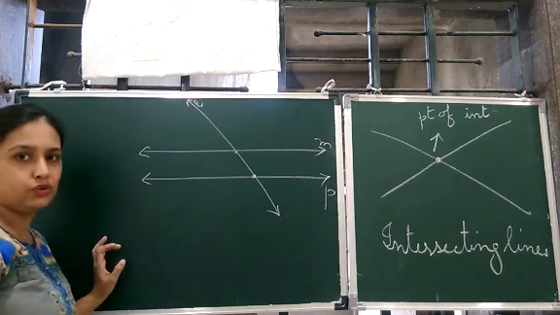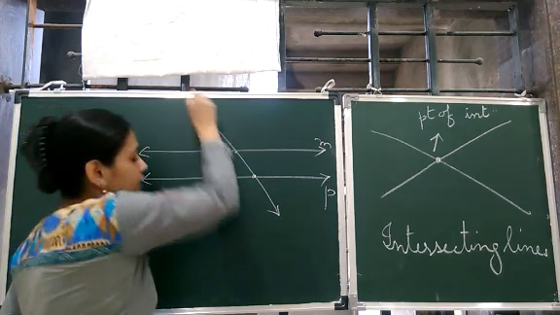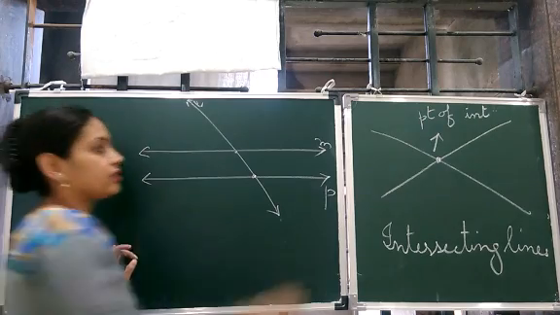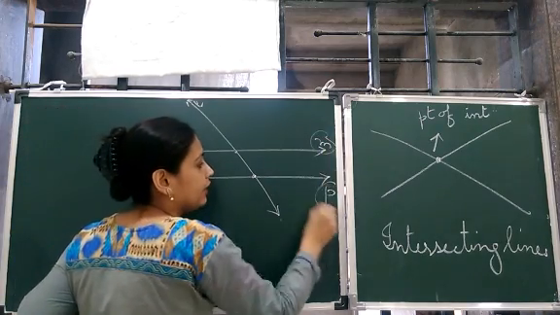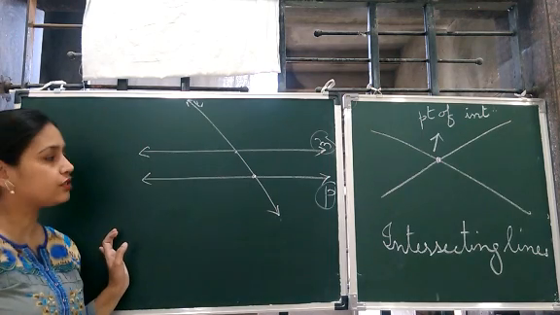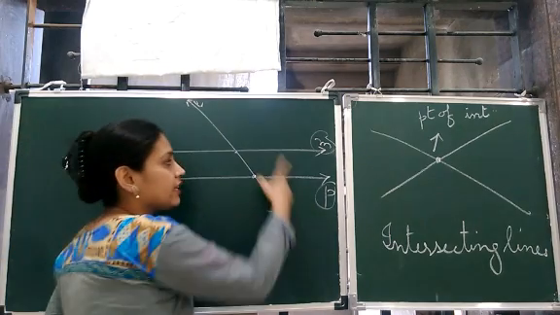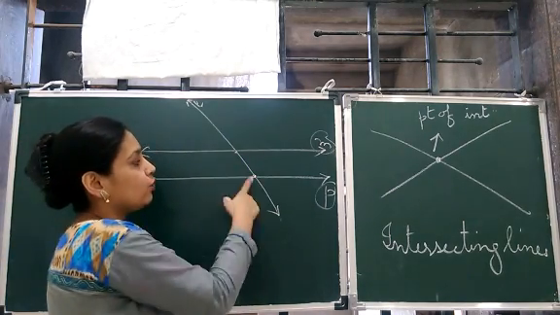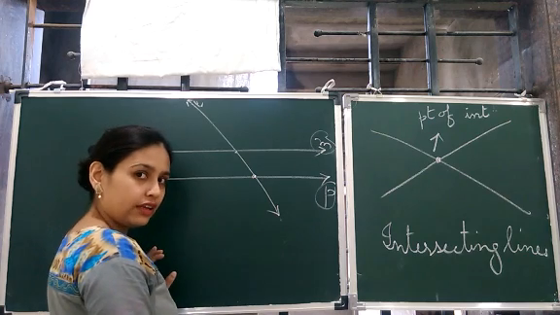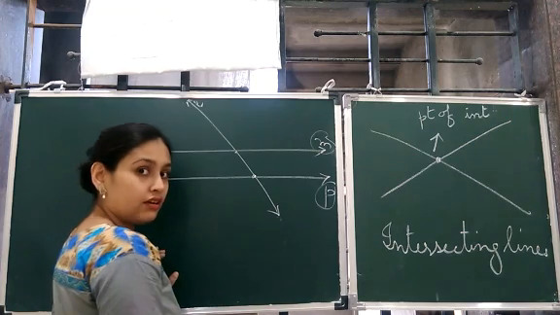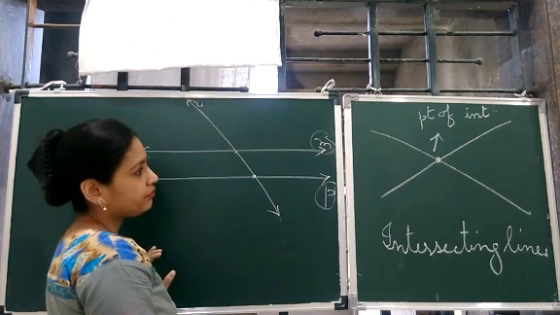Then this line is known as the transversal of M and P. Why? Because it is intersecting these two lines at two different points of intersection. Got it? So line L is known as the transversal.